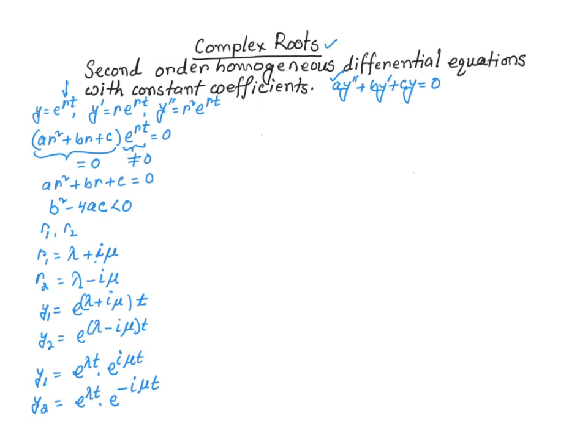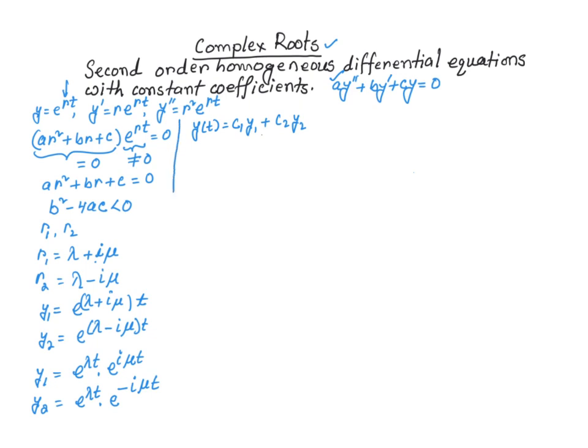Now we know that any linear combination of y1 and y2 is also a solution to the differential equation. So my general solution in that case is y of t equal to c1 y1 plus c2 y2, where y1 and y2 are functions of t.